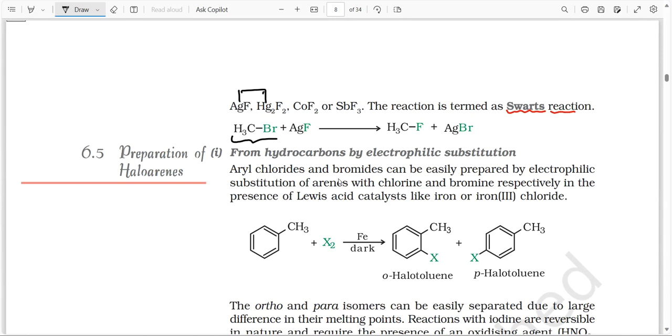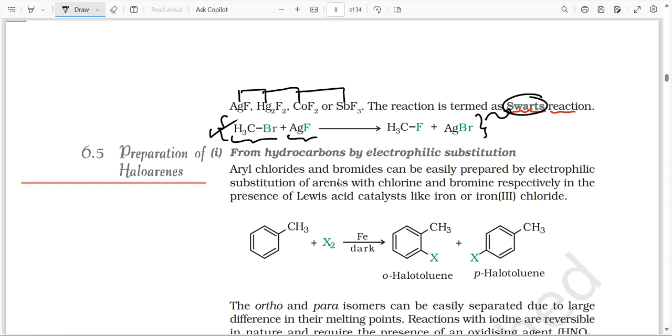These are the metals. If they are given in the examination, what is the name of this reaction? Here we can clearly understand that the given one is alkyl halides, and the condition is metal fluoride. That's why it is the Swarts reaction.